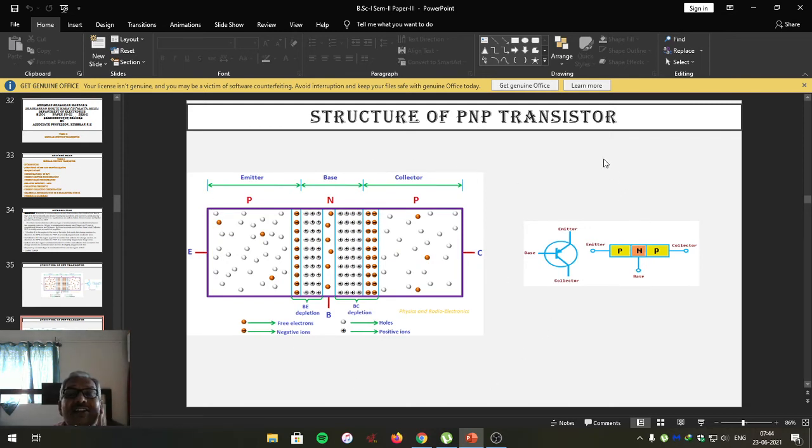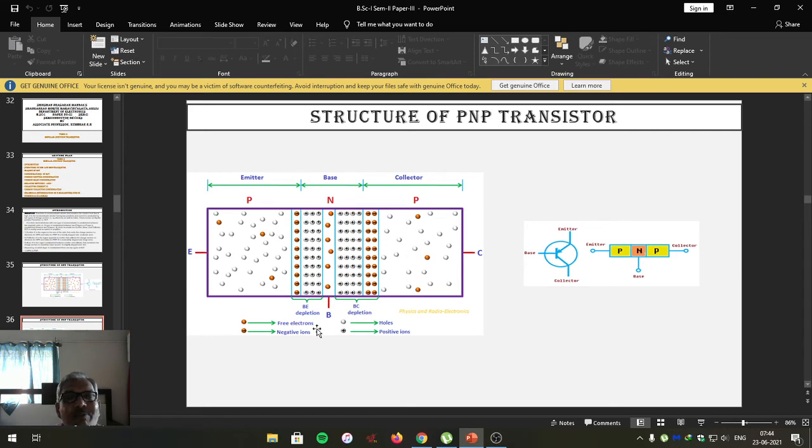In brief, let us study the structure of the PNP transistor also. In a PNP transistor, N type semiconductor is sandwiched between two P type semiconducting layers to form the PNP transistor. The structure of the PNP transistor is also formulated analogous to that of the NPN transistor.